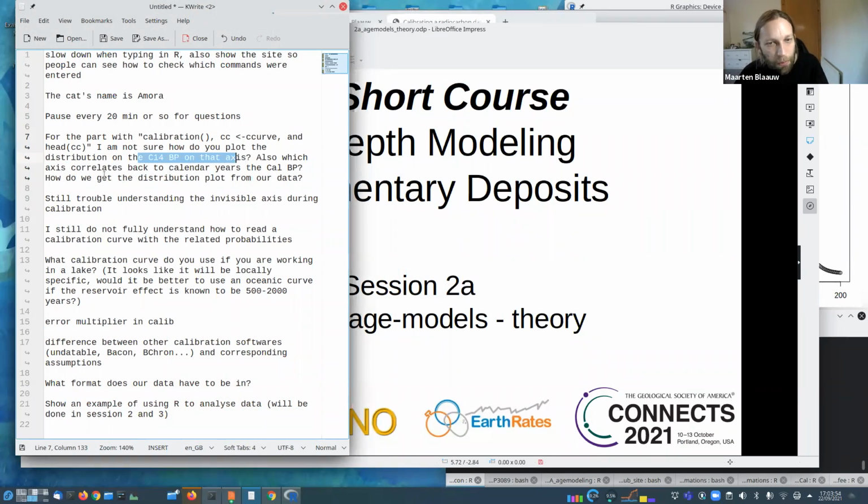How do we get a distribution plot from our data? Still trouble understanding the invisible axis during calibration, or how to read a calibration curve with the related probabilities. So I think these are all related. Perhaps we just go back a little bit to what the calibration curve looks like and how we get probabilities out of the curve.